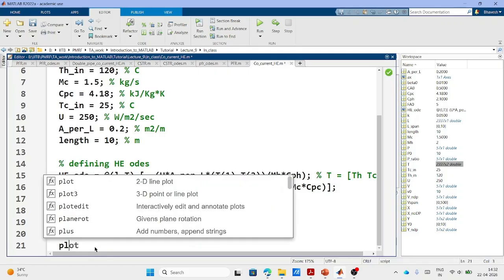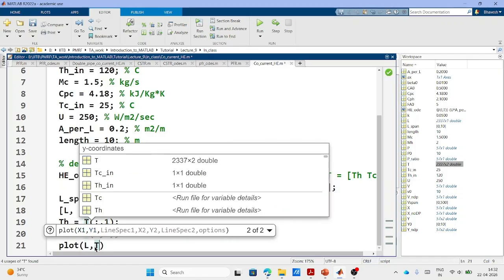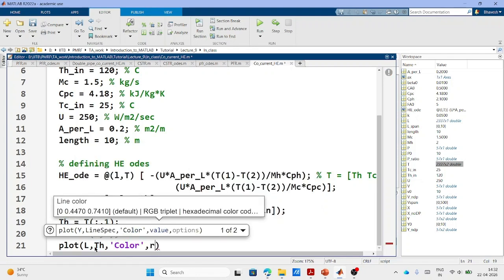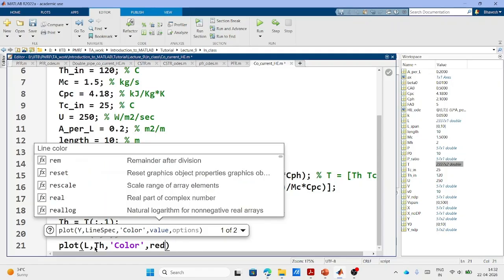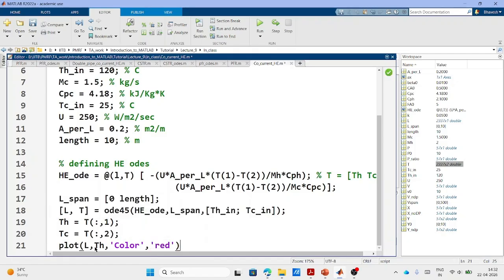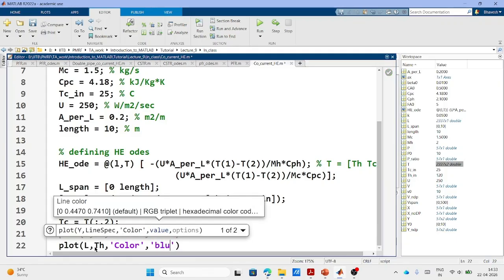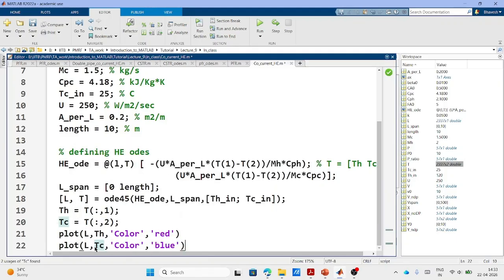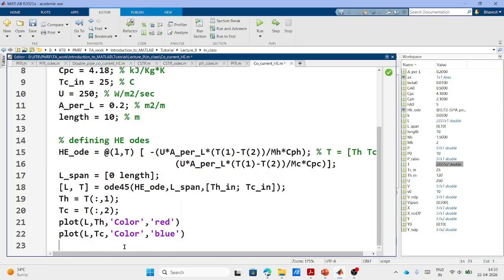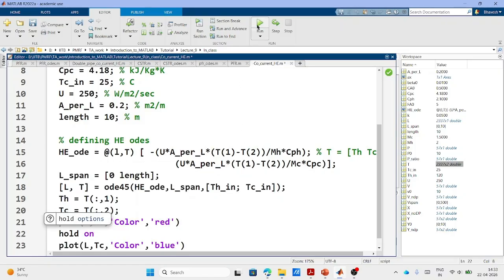You have to define one length vector also, or length is already calculated. L versus TH, I will write color is equal to red. Then this one is blue. Okay. Hold on and let's run it.